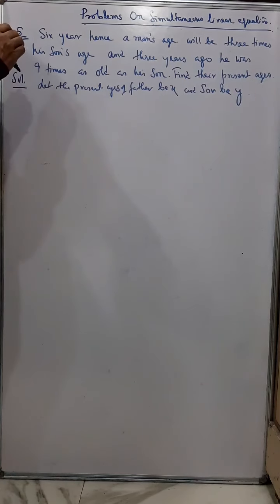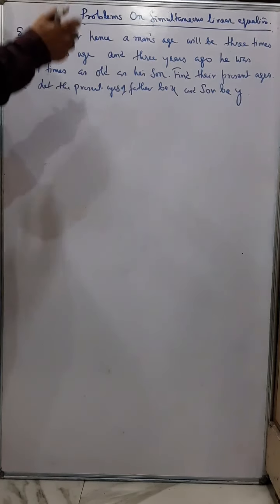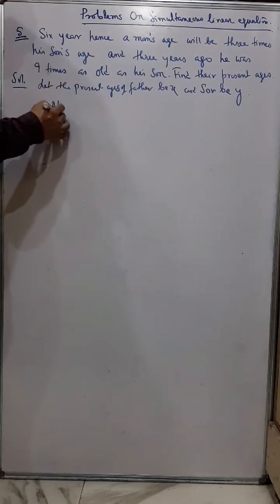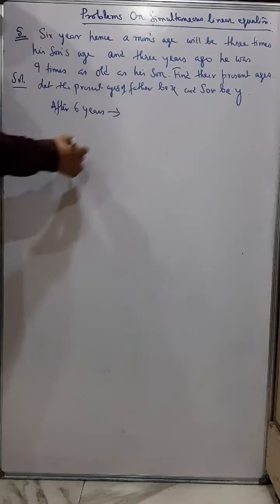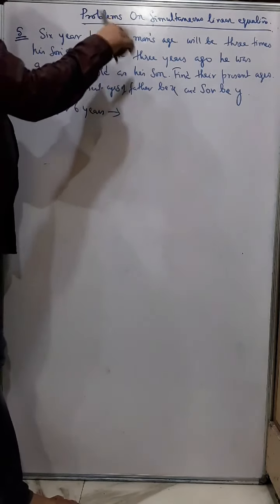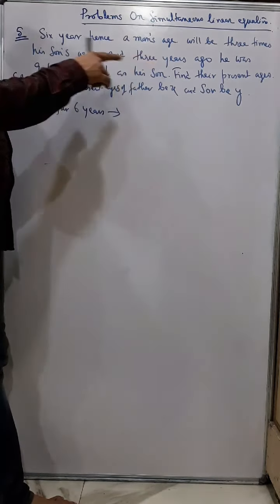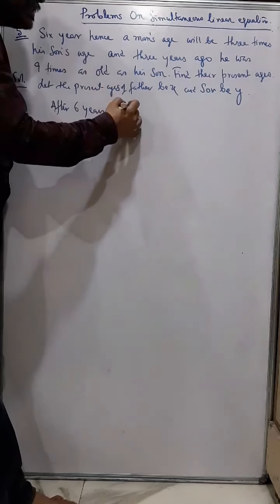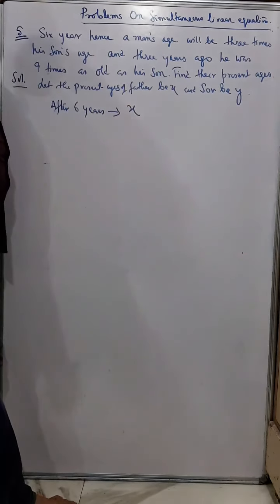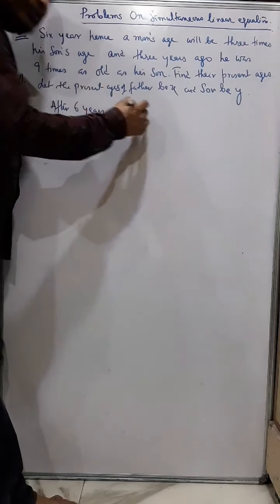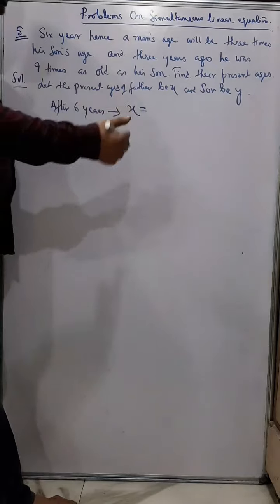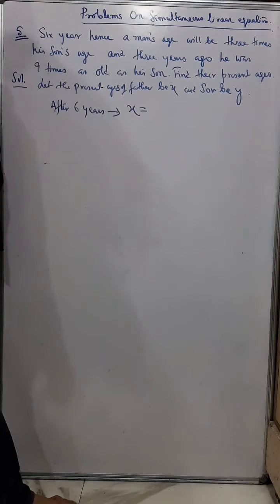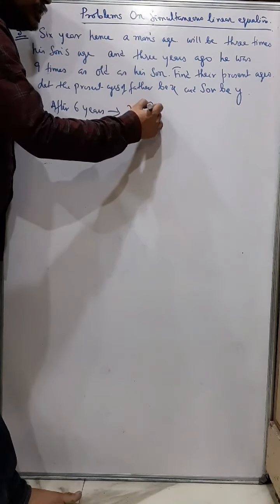The man's age will be 3 times his son's age. Now try to understand. Man's age will be equal to 3 times his son's age, so it will be 3y.